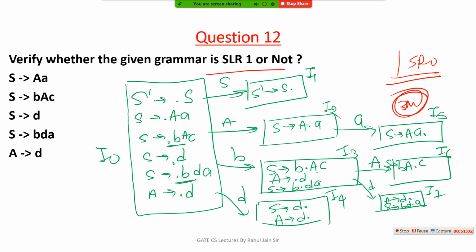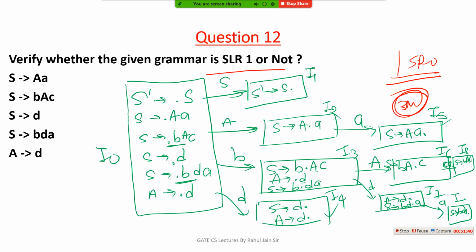So I have taken two transitions, on capital A and on D. So I3 is completed, I4 is completely reduced, I5 is reduced, I6 will further move on one more state, that is S will derive B A C dot here, and it is my I8 transition, on terminal C. And one more transition on terminal A, that is S derives B D A dot.